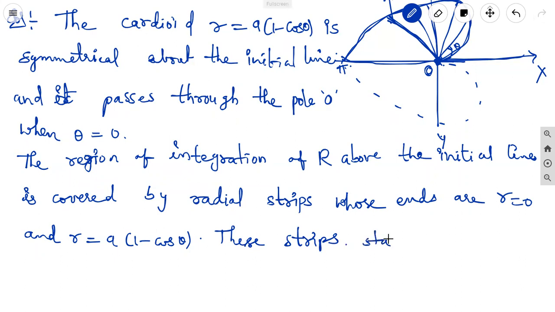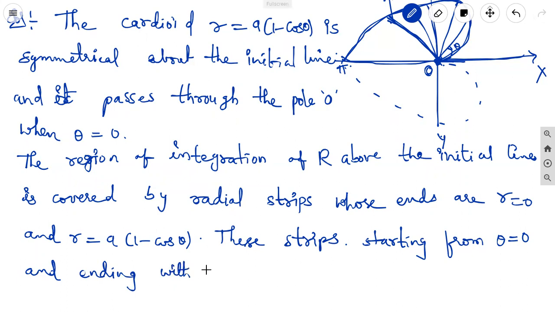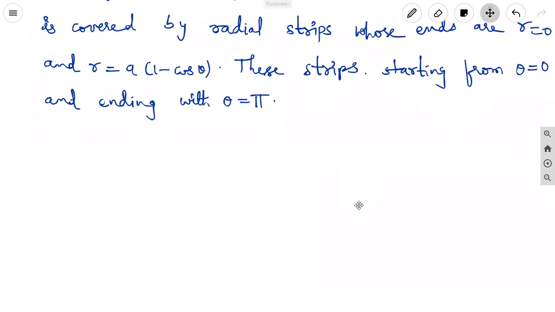Starting from theta equal to 0 and ending with theta equal to pi. Why? Because they are asking about the region above the initial line, so we can take theta equal to 0 to theta equal to pi.